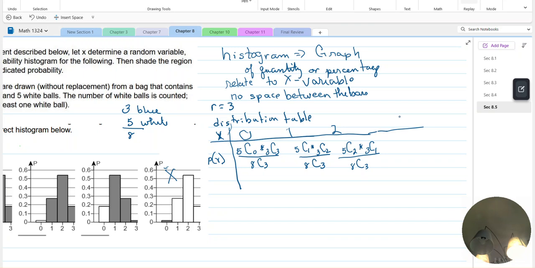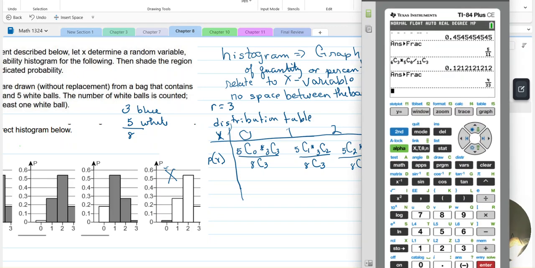And then I'm going to have my 3, and that would be 5 choose 3 times 3 choose 0 over 8 choose 3. Okay, now I need the probabilities. And notice they are rounded to the tenth. So let's see what we get here.